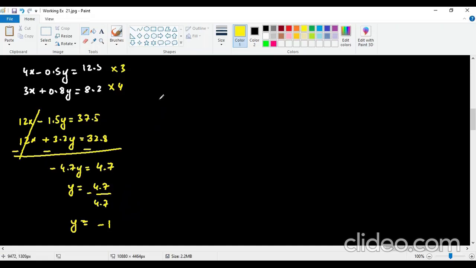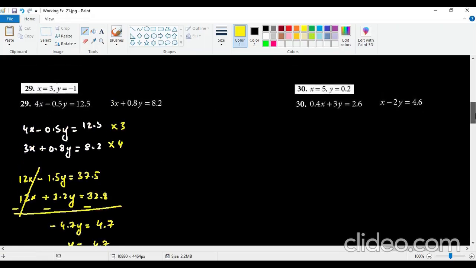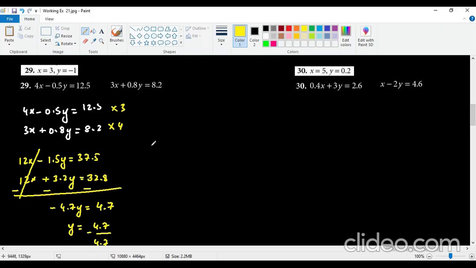Now I know very well in the starting question it says that 4x minus 0.5y equals 12.5. This is going to give us the value of x. So 4x minus 0.5 multiplied by -1. I will write -1 here.